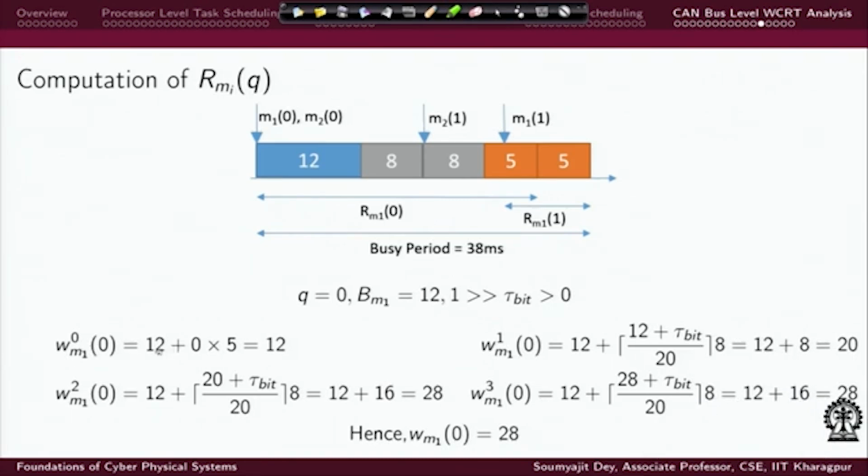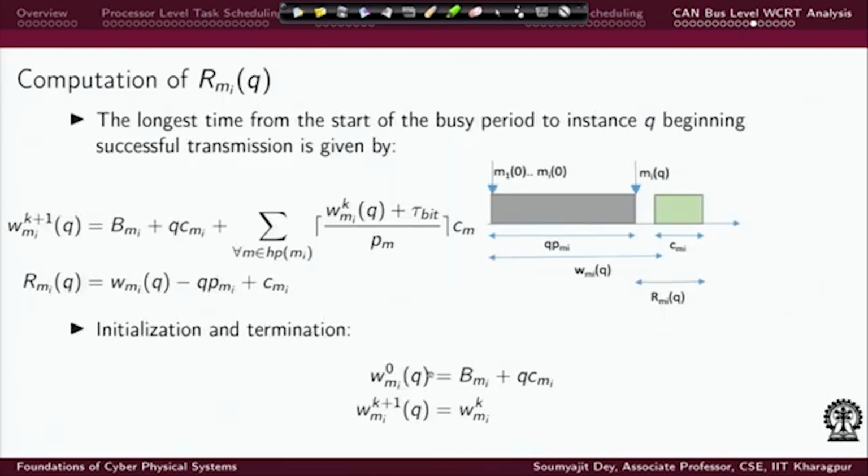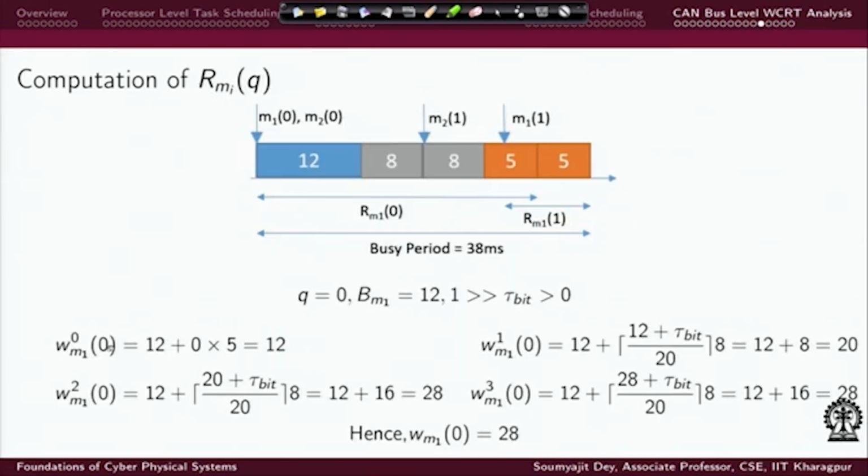Message 0 has a blocking time 0, and so you have this as 12, and then you are looking really for the 0th instance of message 1. Sorry, not message 0, this is message 1's 0th instance. So that is 0 multiplied by 5. Then basically it's just the initial blocking due to the other lowest priority message, and then you can compute W1, so that's 12.